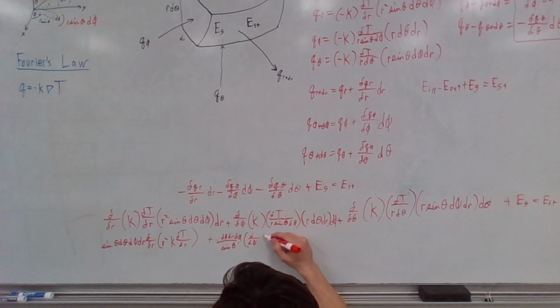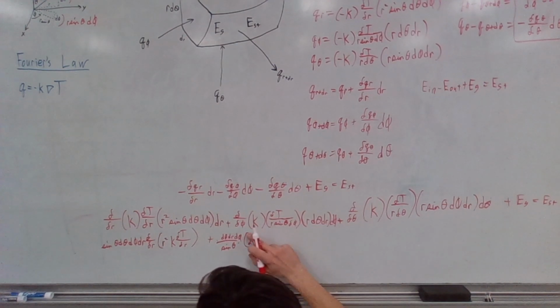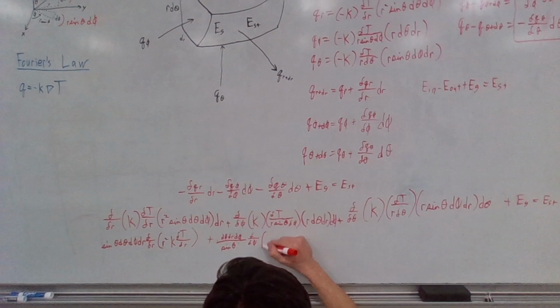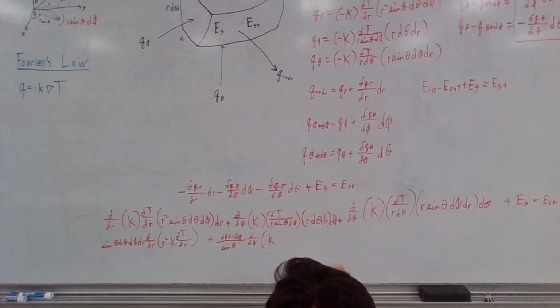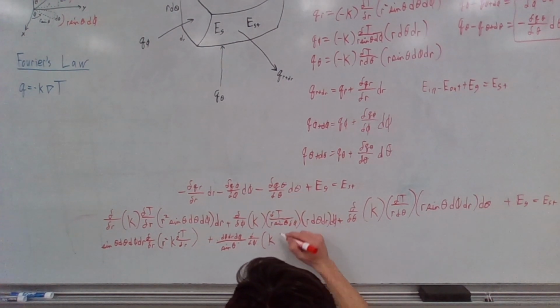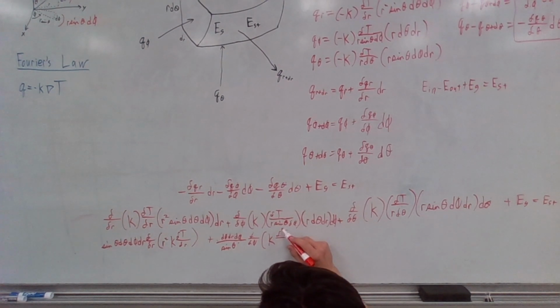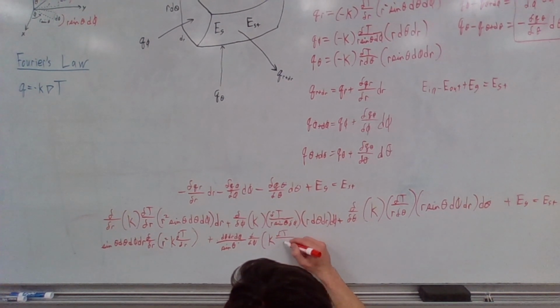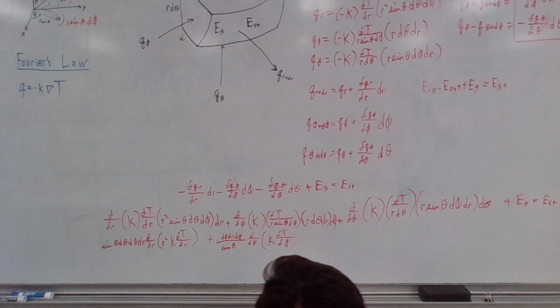And now we still have our k, which we're just going to leave in there. And we have our partial of our temperature. We pulled out our r, we pulled out our sine theta. We still have respect to phi now.